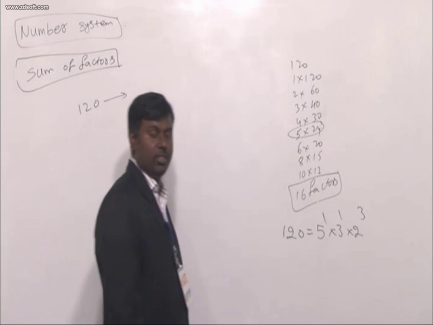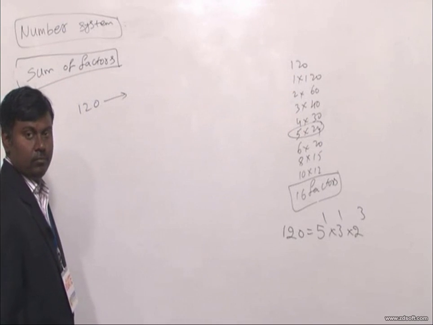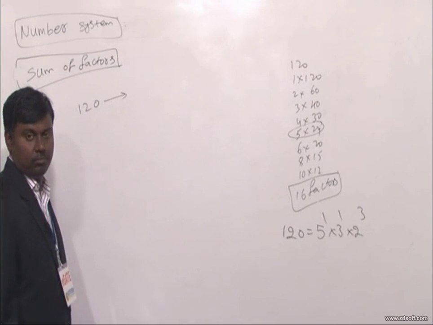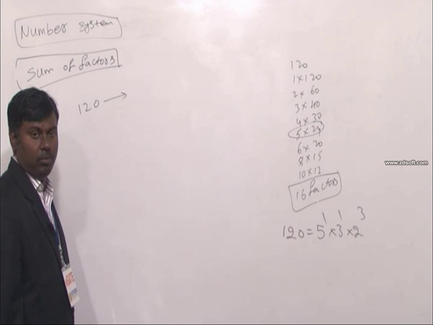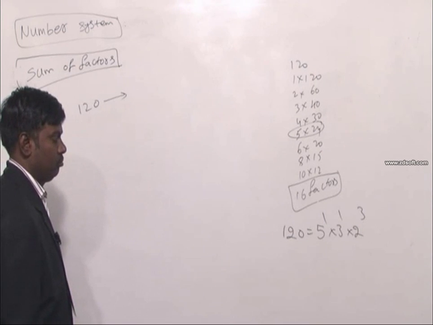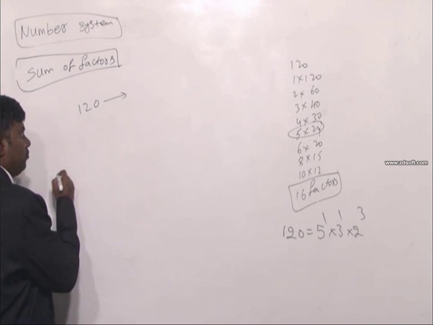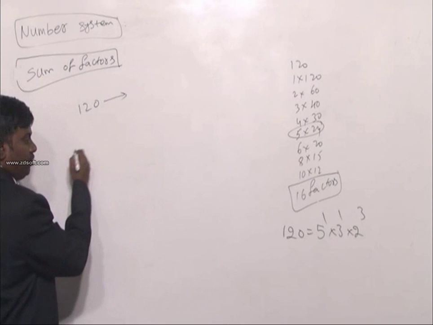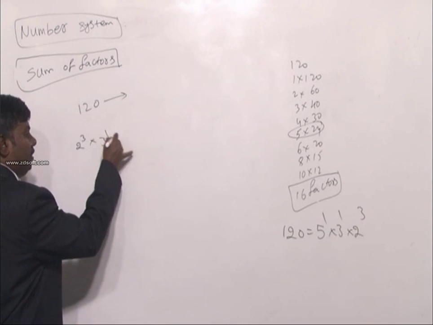That is method number 1. There is one more way in which you can do. Now you know the prime factorization, that is 2 power 3 into 3 power 1 into 5 power 1.